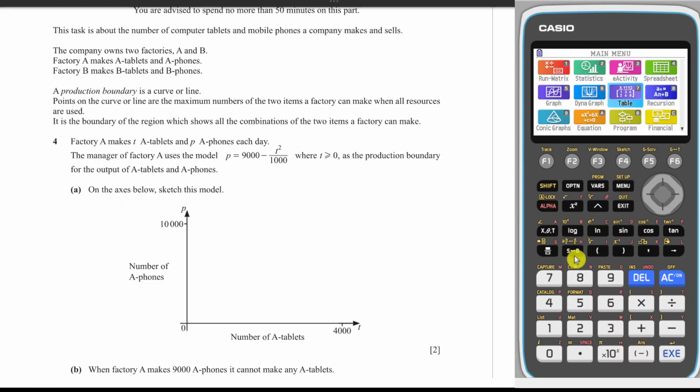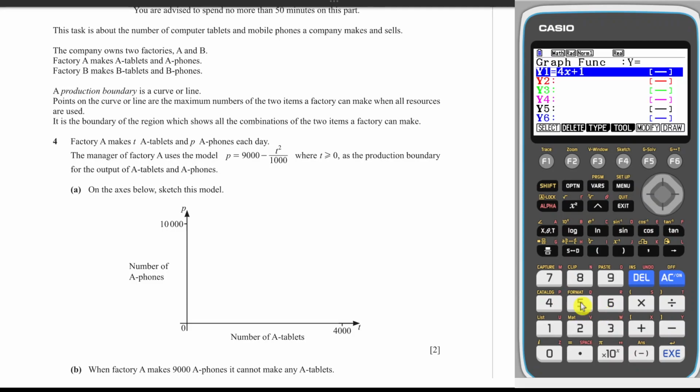So let's take our GTC. This is 9,000 minus x squared by 100.